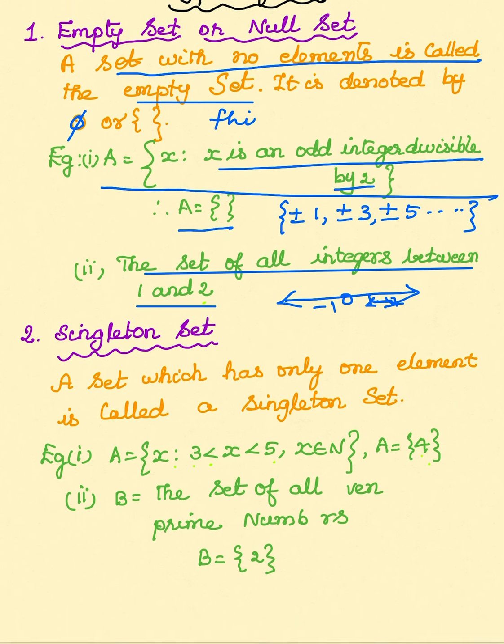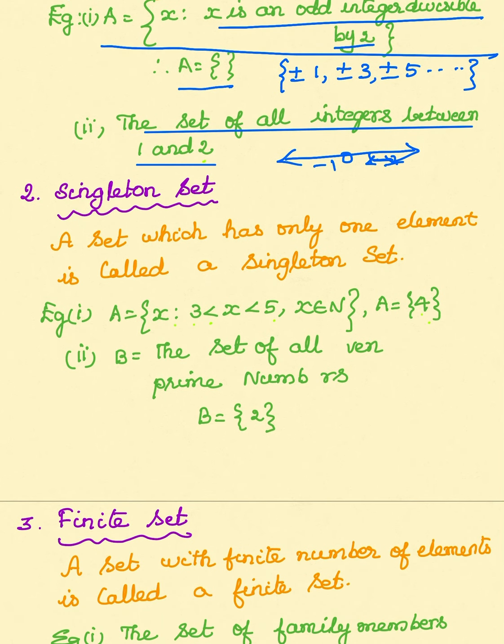Next we go to singleton set. A set which has only one element is called a singleton set. So now let us give an example. A is equal to x such that 3 less than x less than 5, and x must be a natural number.